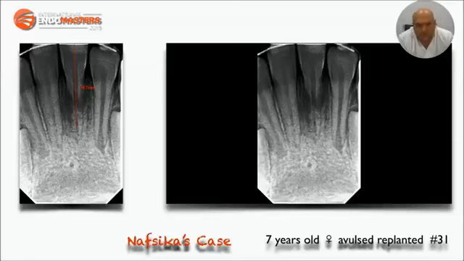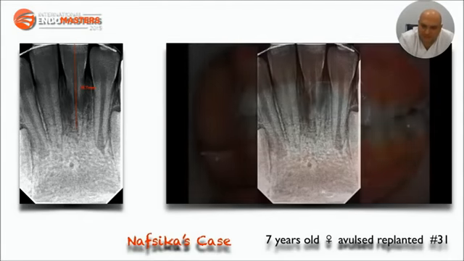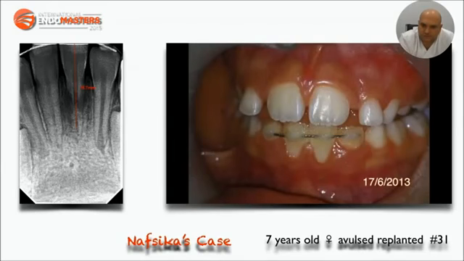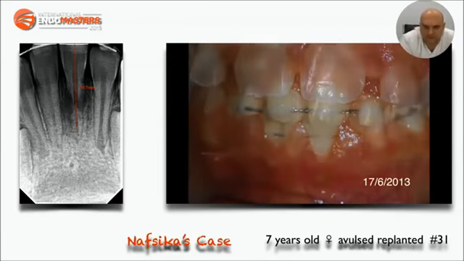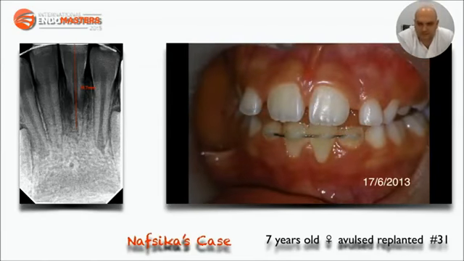And in cases like this, I can always help myself by thinking regenerative again. So, I would like to share with you what I did in little Nafsika's case. This was the situation when Nafsika was first referred to my practice.